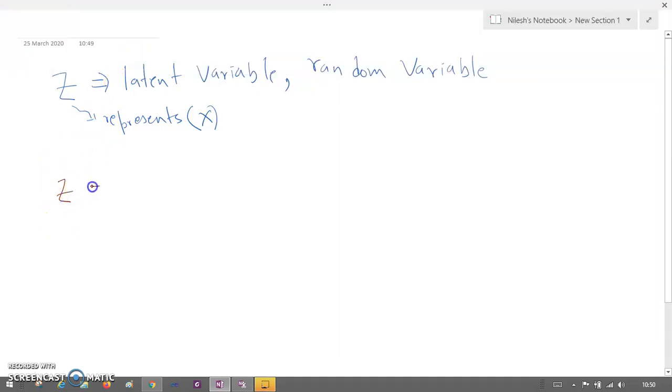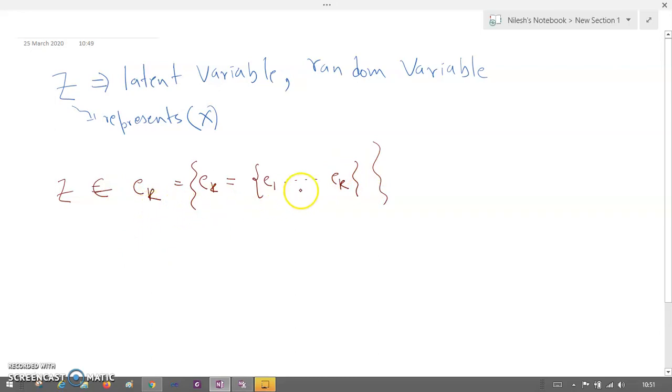z belongs to some e of k, and e of k here is a feature set of e1 to, let's say, ek. So z belongs to some ek.